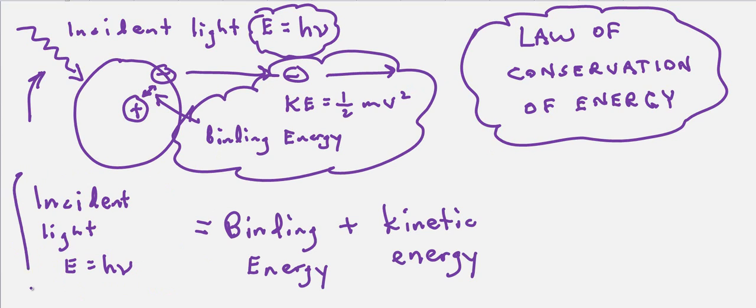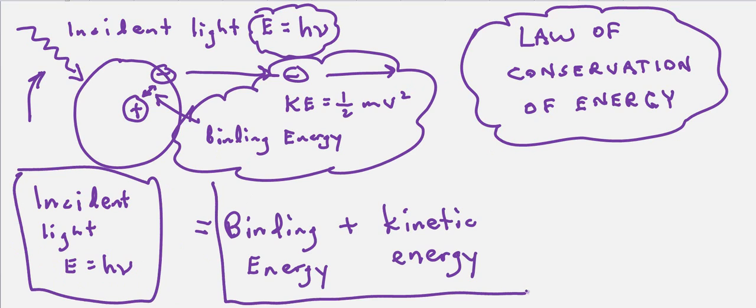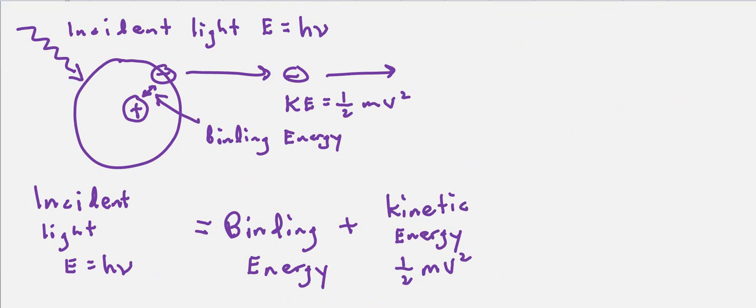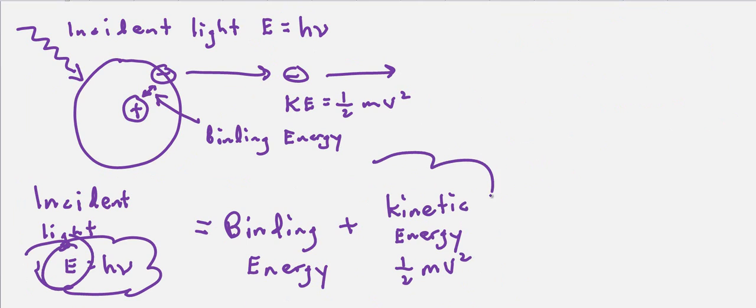So our incident light energy, E equals h nu, is equal to the combined energies of the binding energy, which holds the electron to the nucleus, and the energy of an electron as it gets ejected, when it has kinetic energy. Because we can readily measure the frequency of the incoming light, we can determine the energy of the incoming light, and we can measure the velocity of an ejected electron, which allows us to determine the kinetic energy.